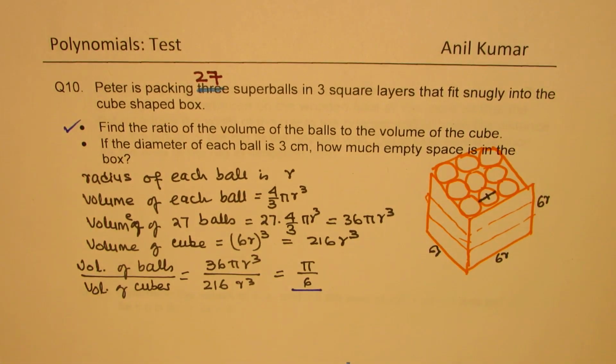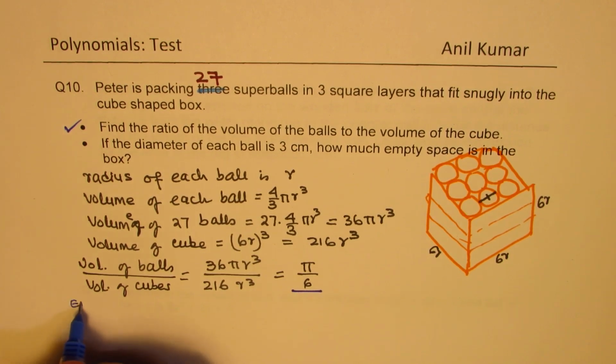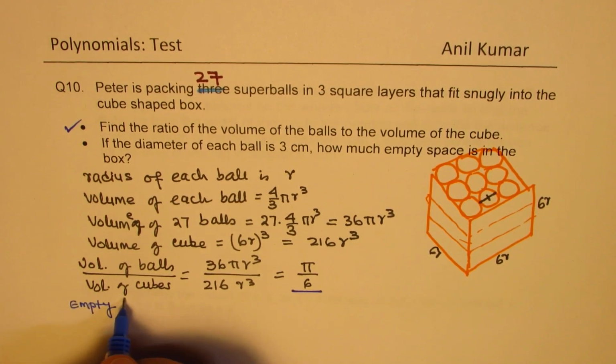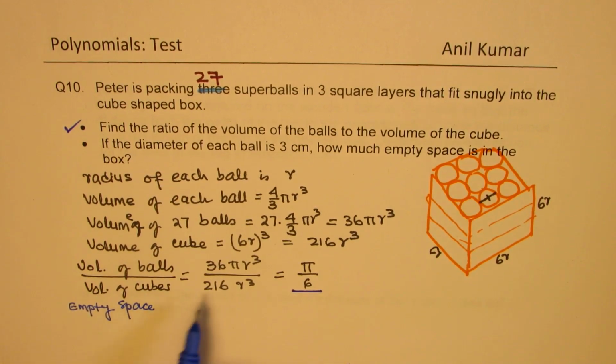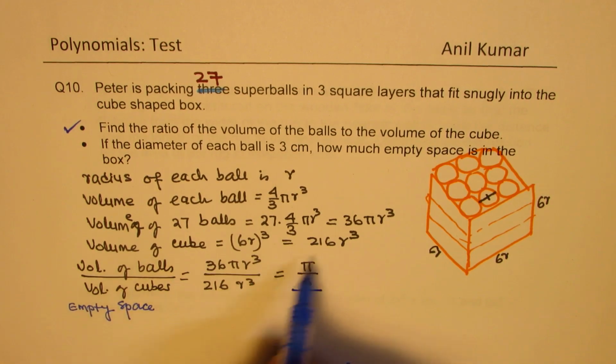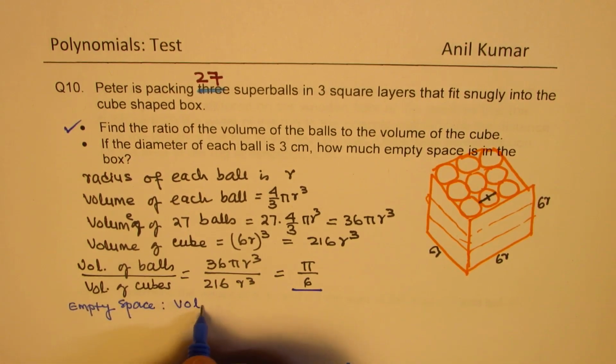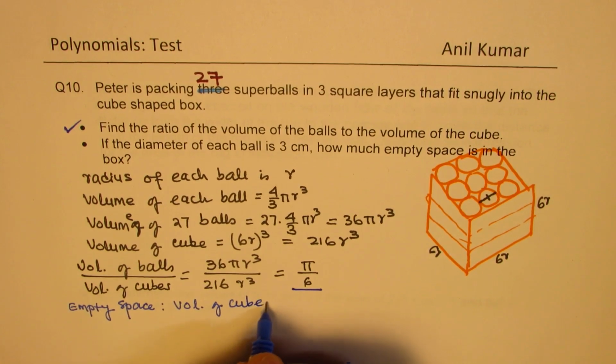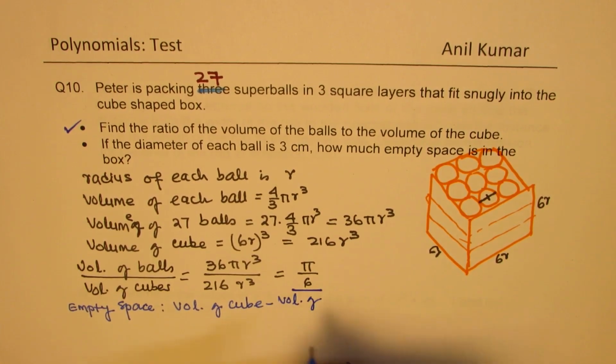Second is, if the diameter of each ball is 3 centimeter, how much empty space is in the box? So in that case, when we want to find the empty space, we are really finding difference between these two. Is that clear to you? So that is volume of the cube take away volume of all the balls, right?